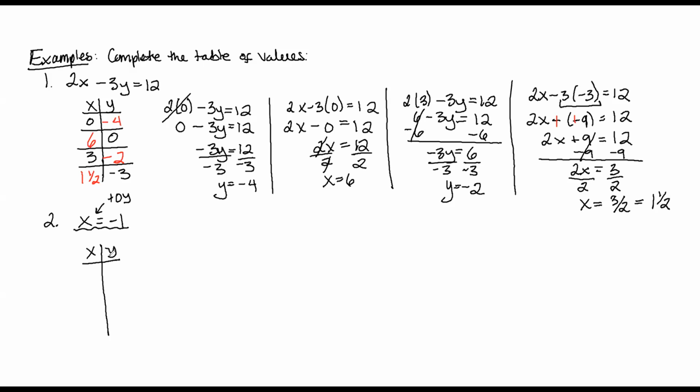And so we're given the chart -4 for y, 0 for y. And then our last point here is 2, and then -1 for x.